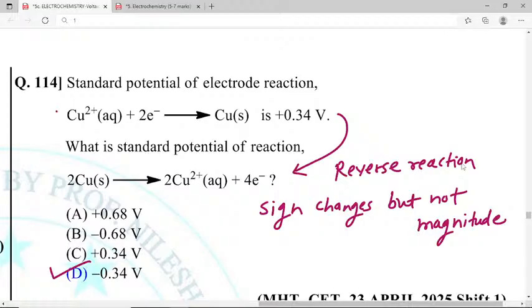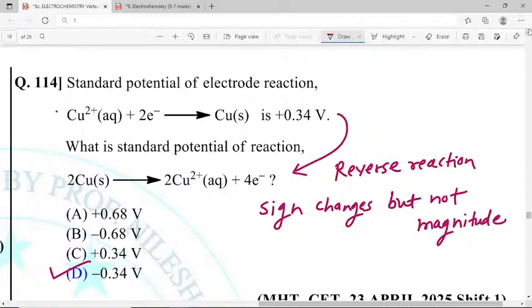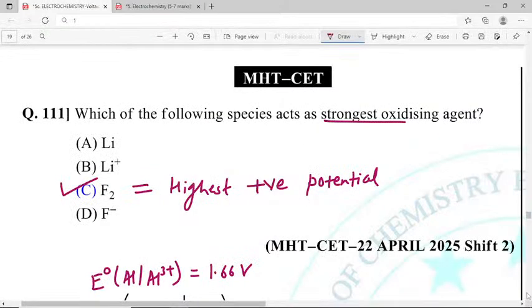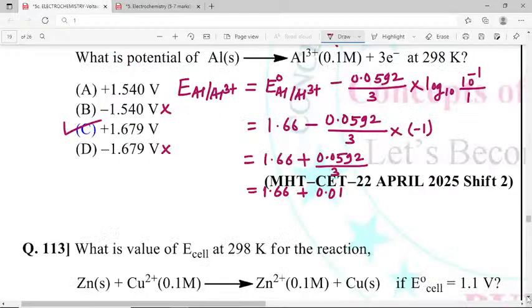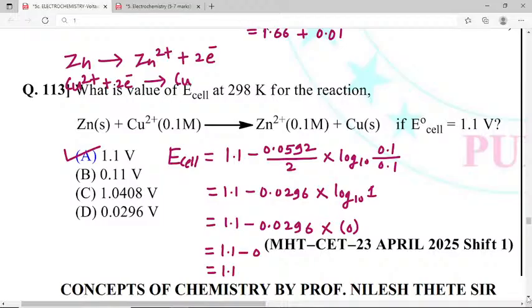How did you get the number of electrons as 2? In this case the electrons are 2. Zn gives Zn2+ plus 2 electrons, and this is Cu2+ plus 2 electrons gives copper. Get it? The 2 electrons cancel.